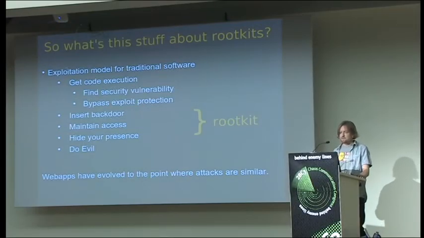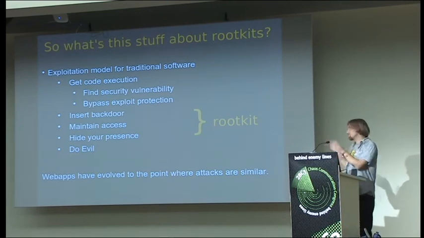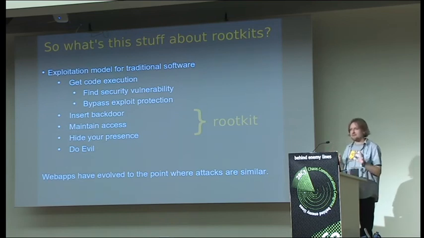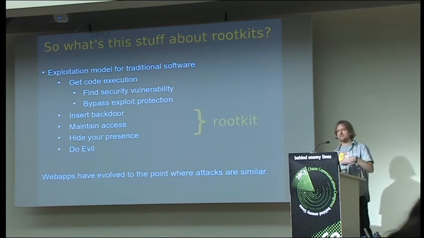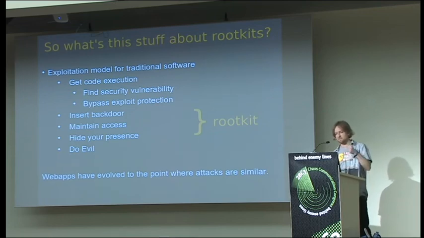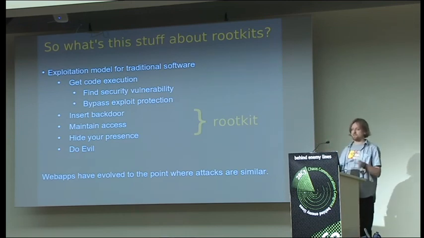And after you get to that point, you do the things that I classified loosely as a rootkit, and we can talk about semantics later if anyone wants to. So stuff like inserting a backdoor to maintain access to the machine for an attacker and hiding the presence of the attacker's processes on the machine. Let's call that rootkit functionality.